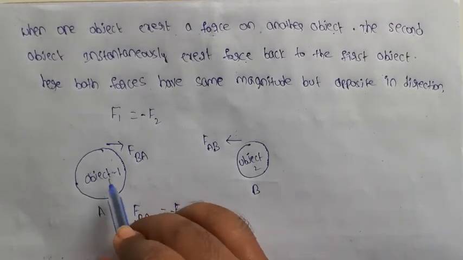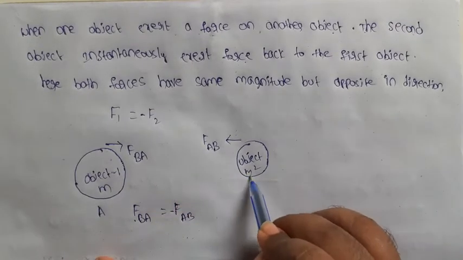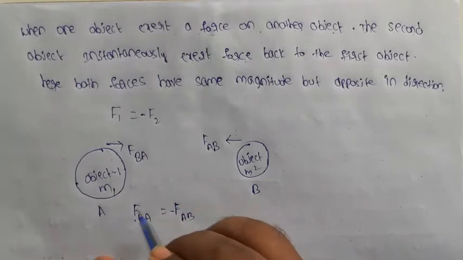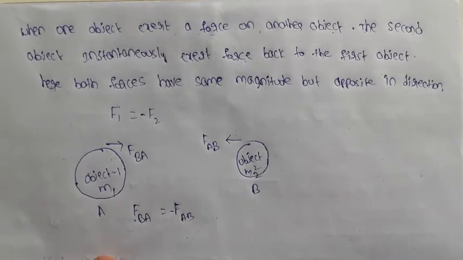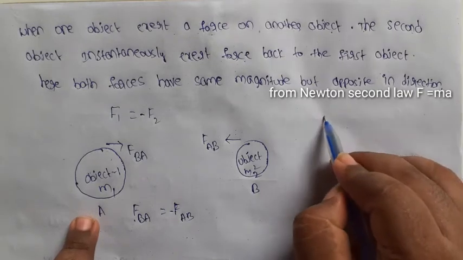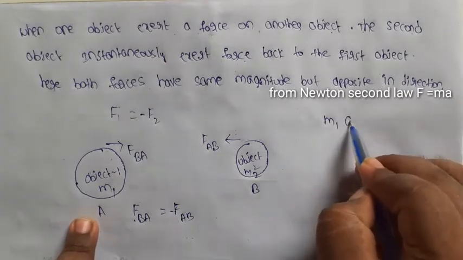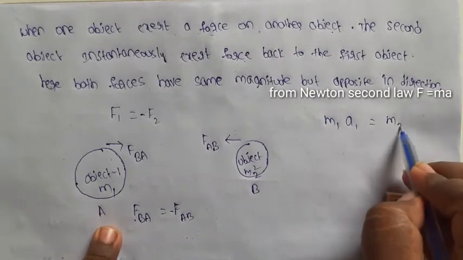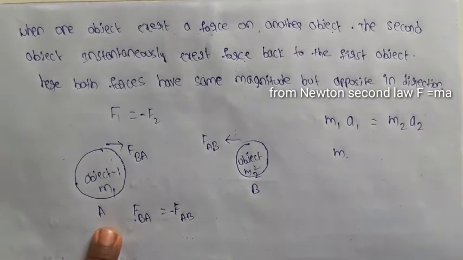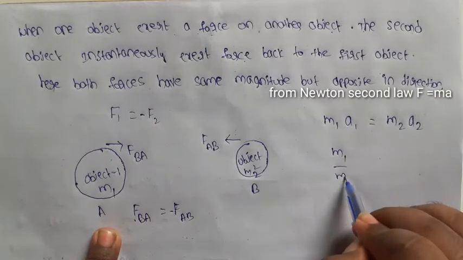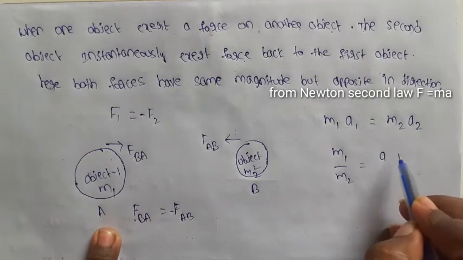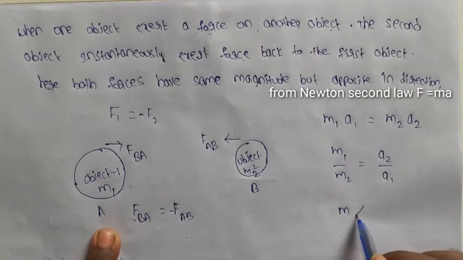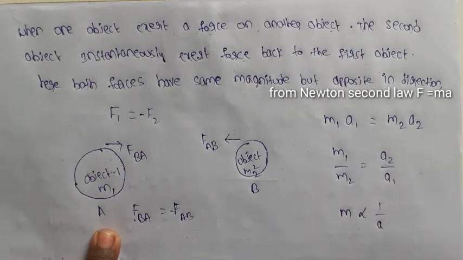Suppose the two bodies have masses M1 and M2, with accelerations A1 and A2. Then M1 by M2 equals A2 by A1. So mass is inversely proportional to acceleration.